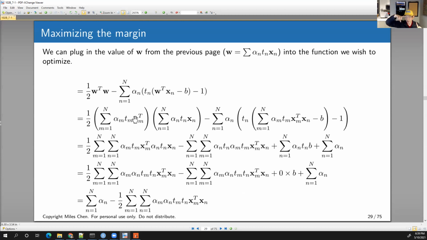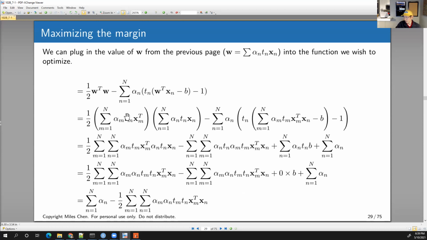So we're going to have big N times big N products of X transpose X along with the constants. We're also going to replace this W with this, and to distinguish it from the X's here, we're going to do this.